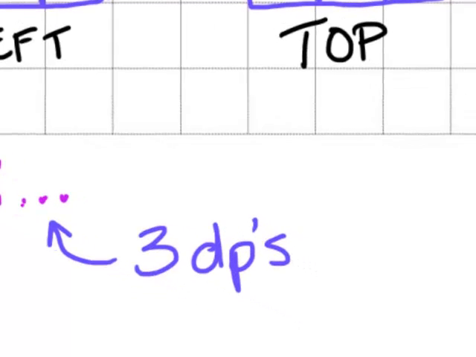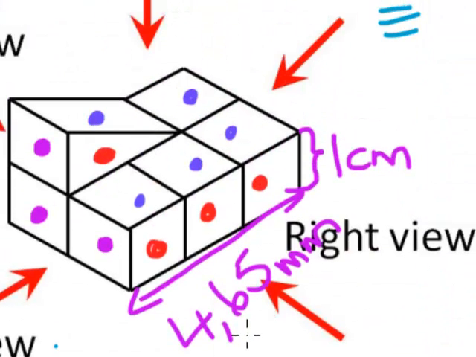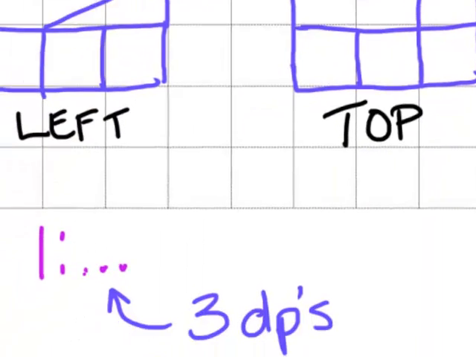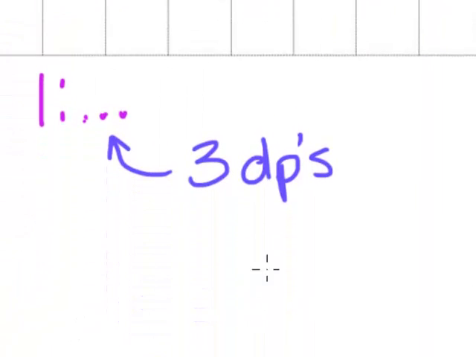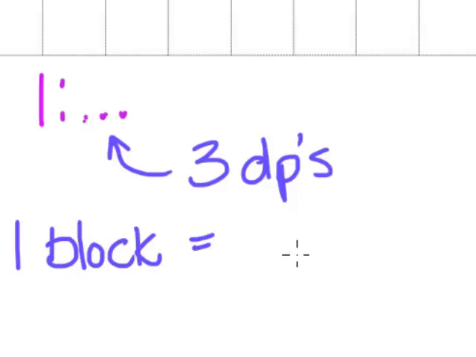Okay, so let's have a look at those dimensions again. It's 4,65 is 3 blocks, and 1 block is 1 centimeter. So the first thing we're going to have to do is to calculate the length of 1 block. Okay, so we're going to take for 1 block our distance, which is our 4,65.